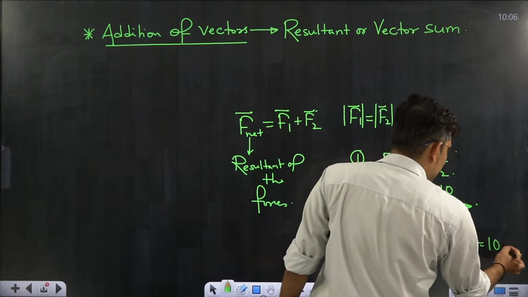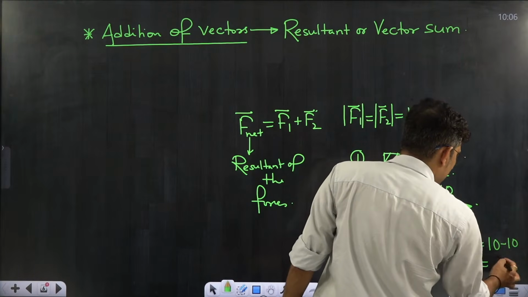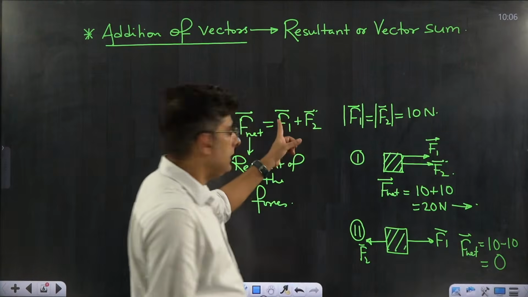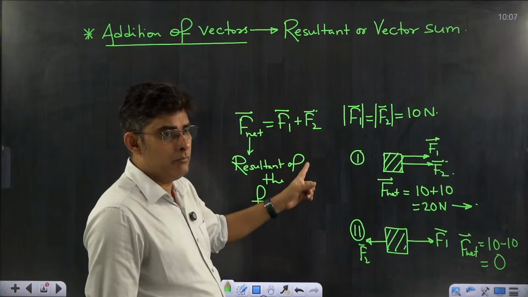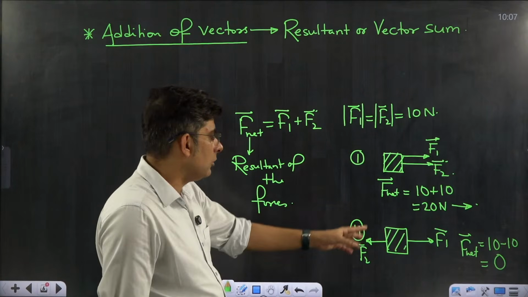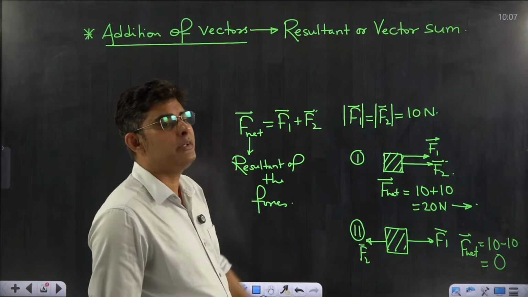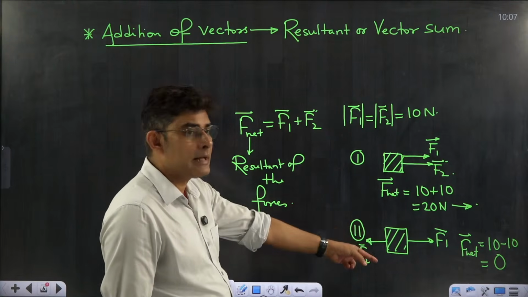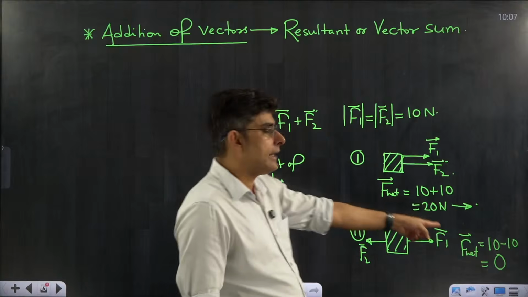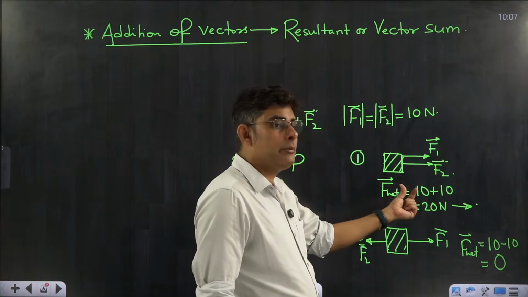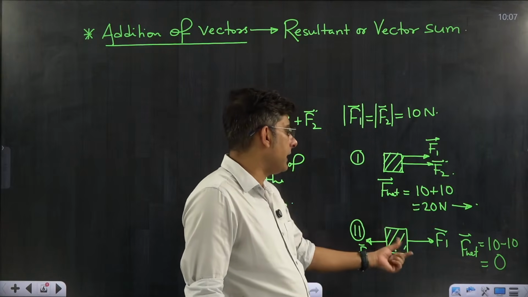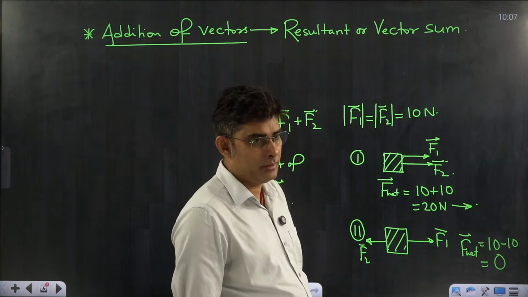So you will say 10 minus 10. So even though you are taking the vector sum, the resultant force is coming out to be 0. It is getting subtracted. It becomes the difference of magnitudes. In the first case it becomes the sum of magnitudes, in the second case it becomes the difference of magnitudes.